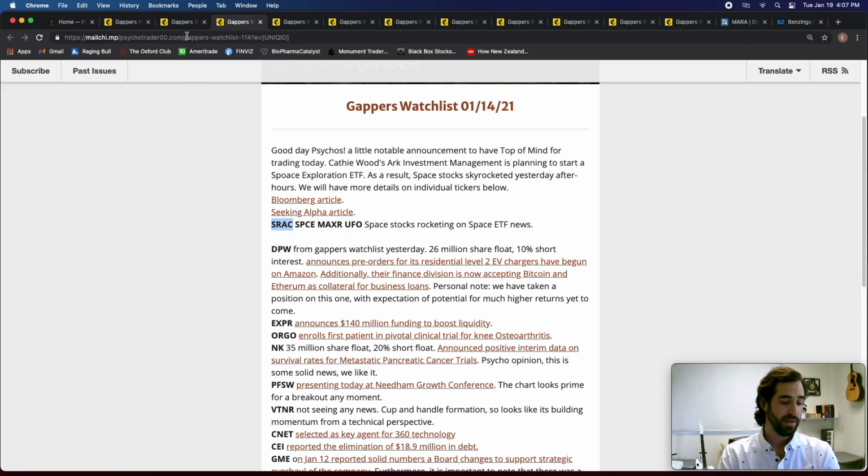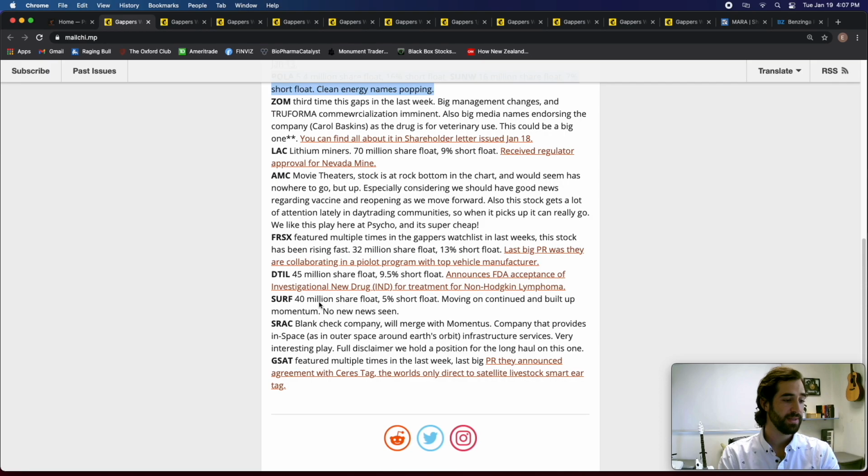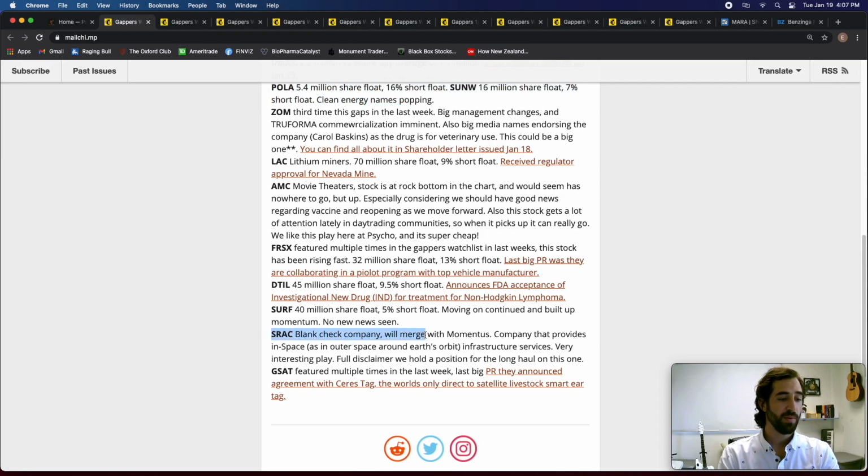Here's SRAC, and then featured again today on the 19th. SRAC, blank check company, will merge with Momentous, a company that provides in-space, as in outer space, around Earth orbit, okay, so there's no confusion, infrastructure services, and it's a very interesting play. Full disclaimer, we hold a position for the long haul on this one.